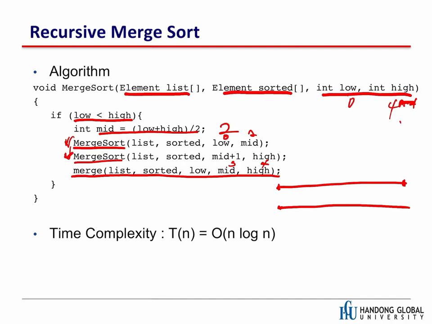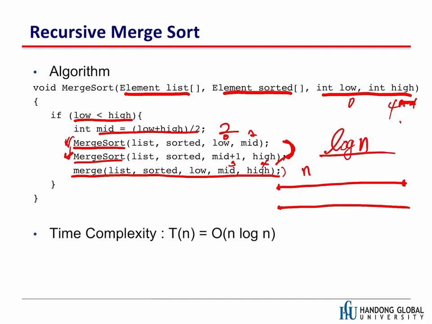Now let's talk about time complexity. For this merge function, we need linear time complexity to finish. And the question is, how many times do we have to call this merge sort? Every time we call twice, but in big O notation, the constant means nothing. So how many times do we have to call this?